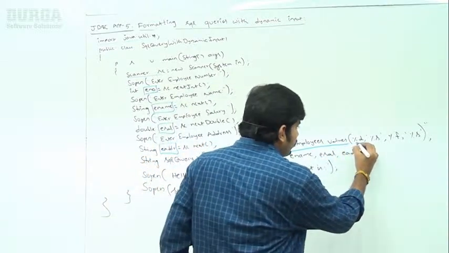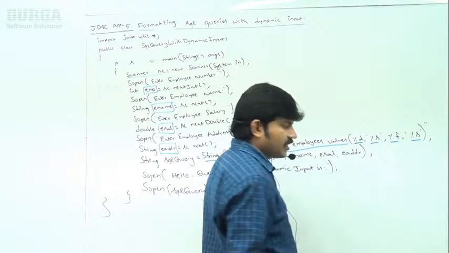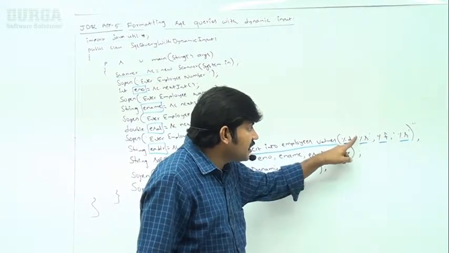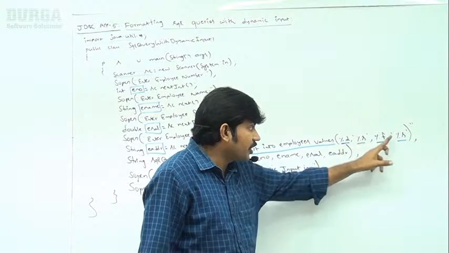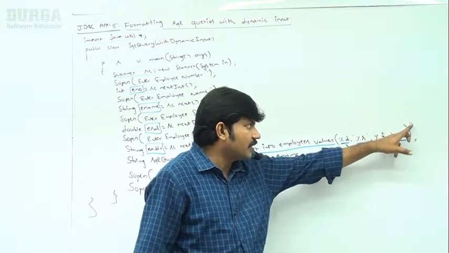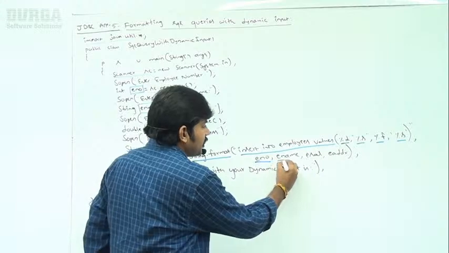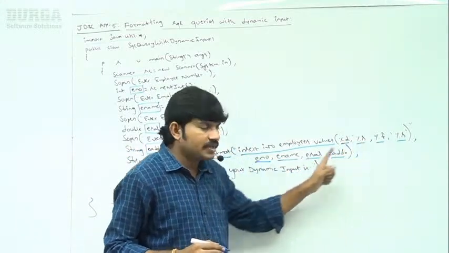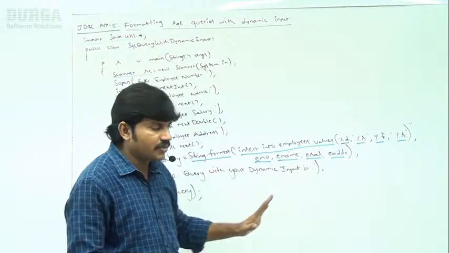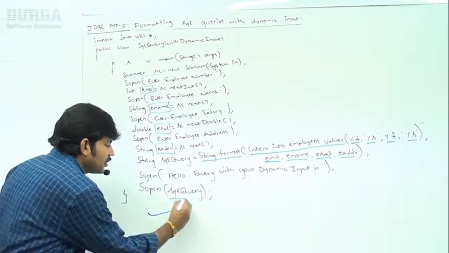First value percentage D, percentage S, percentage F, percentage S. But I am taking percentage S within single quotes, because according to our query, compulsory a string value should be within the single quote and then close. Next, percentage D means enum, ename, esal, e-address. These four formatted things I replace with these. Now the query with your dynamic input is sqlQuery.